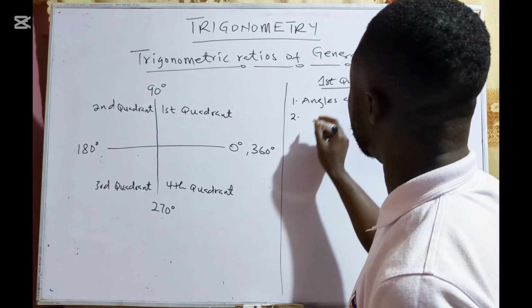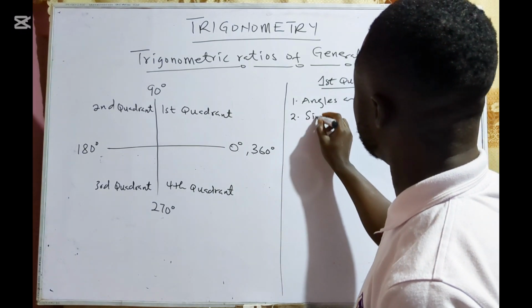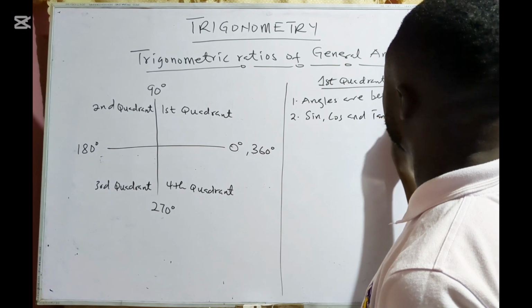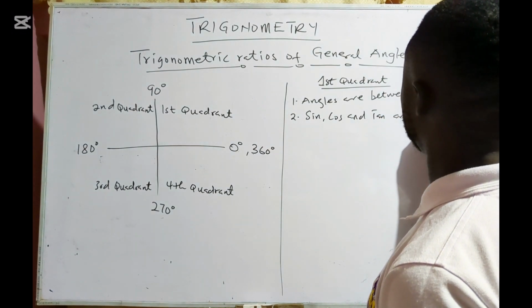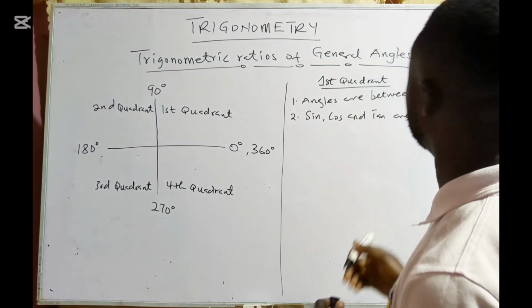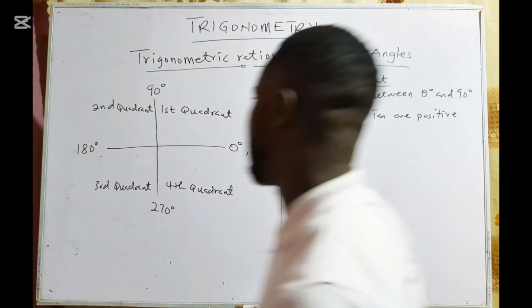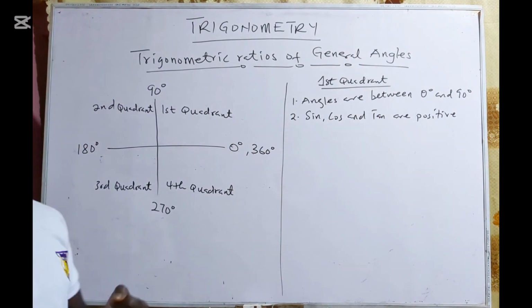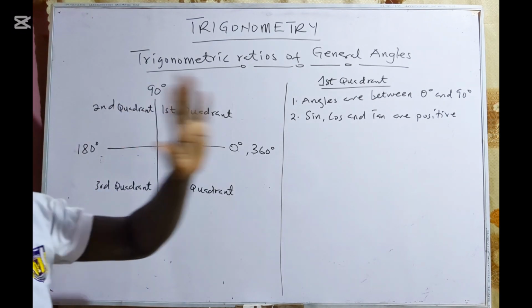And what happens in the first quadrant is that sine, cos, and tan are positive. When we were dealing with 30 degrees, 60, and 45, all of them gave us a positive value.